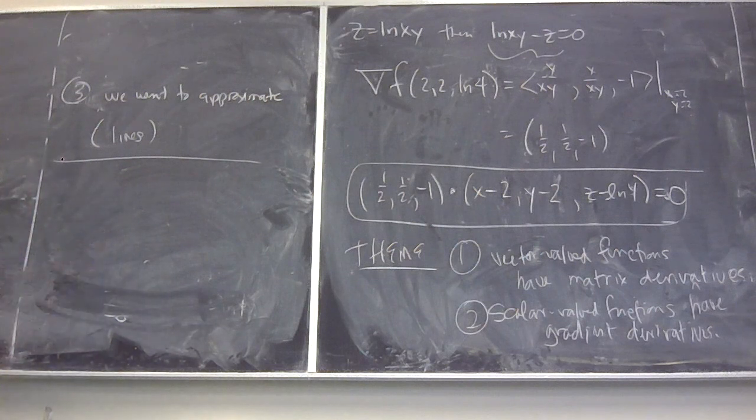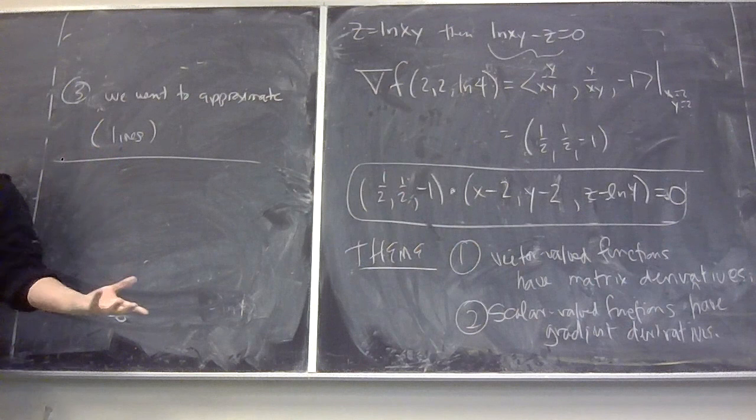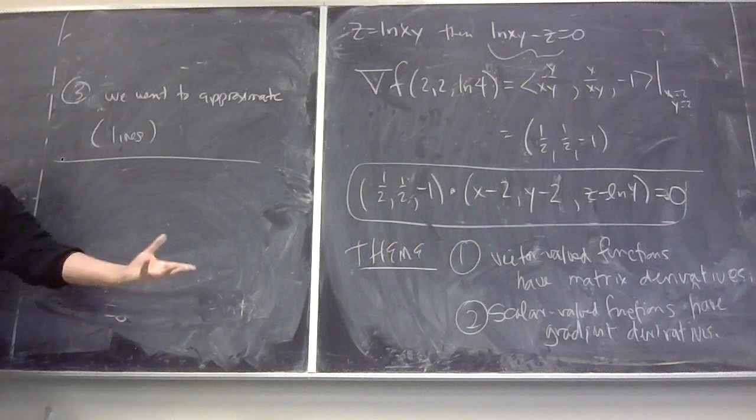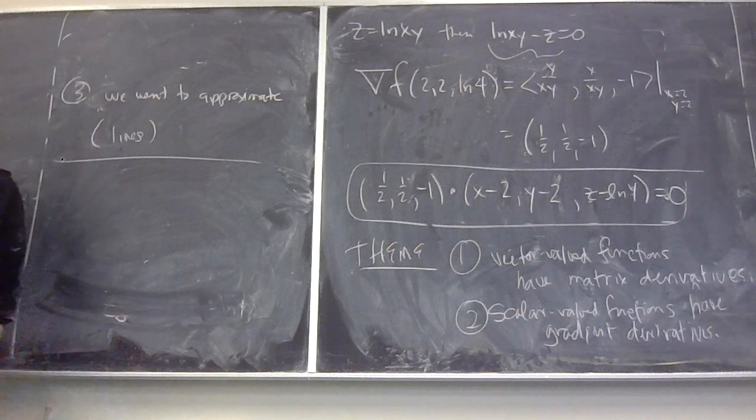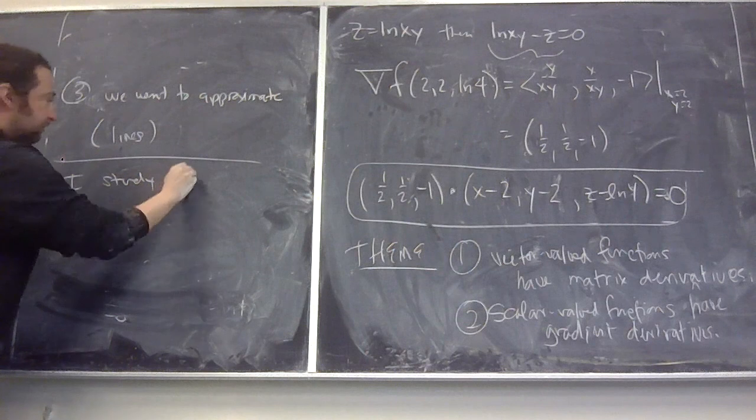The second idea is, why should I have to approximate just with lines? Functions are much easier to approximate if you allow them to be parabolas as well, right? And approximating with a parabola is more accurate than approximating with a line. Approximating with a cubic is even more accurate than that. So the first big move will be to study physically motivated functions.